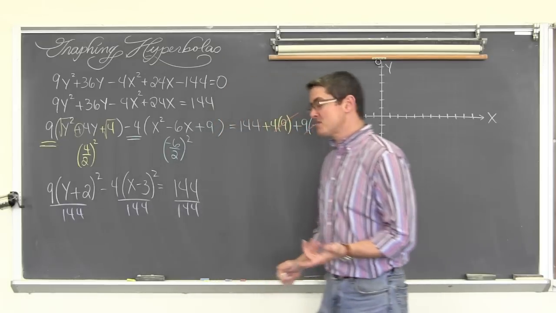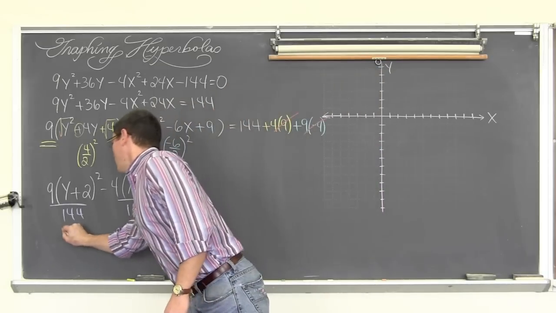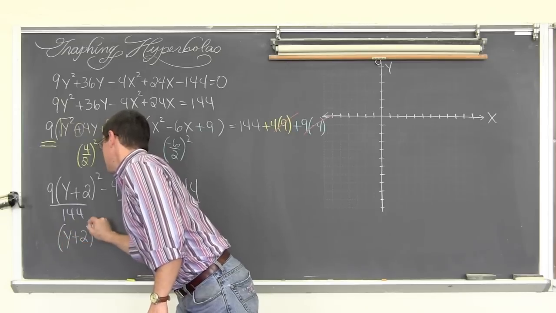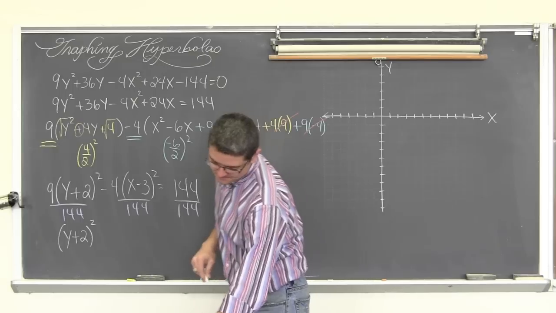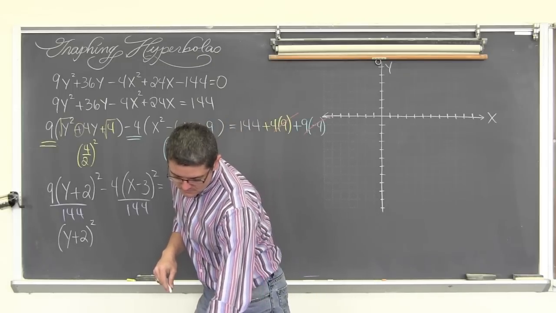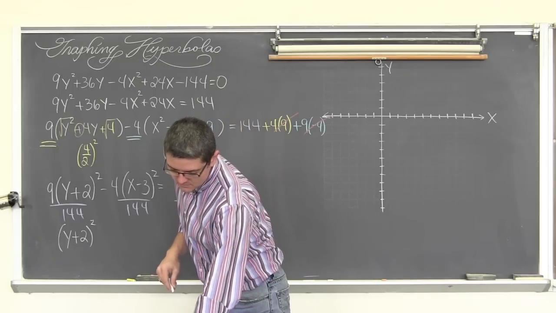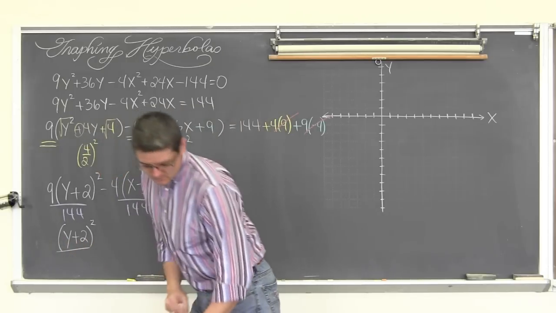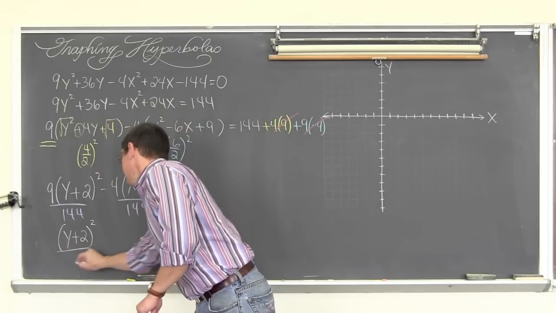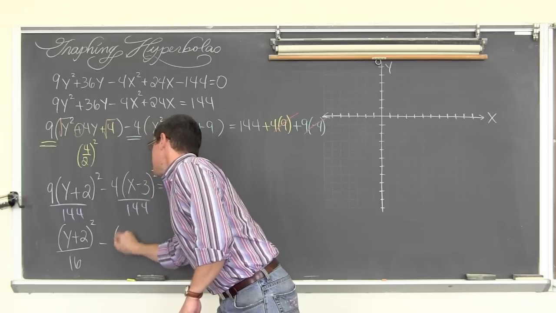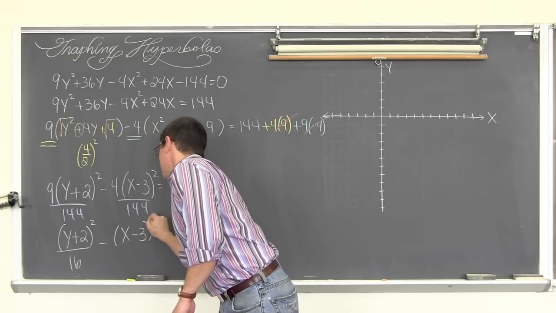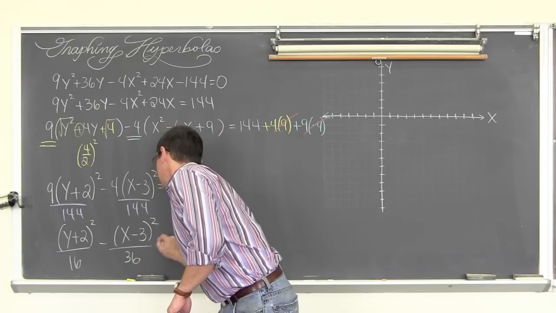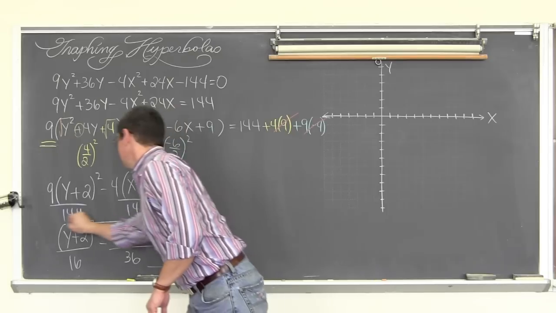And get our equation in standard form, and that's going to be (y plus 2) squared over 16 minus (x minus 3) squared over 36 equals 1.